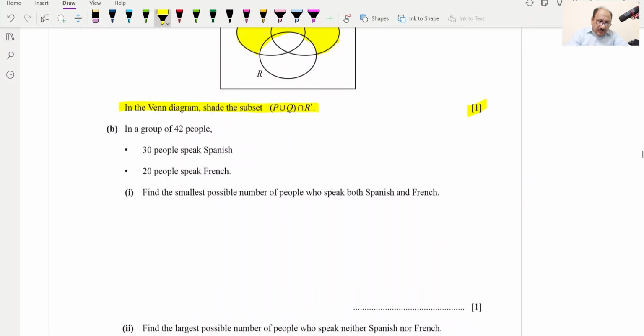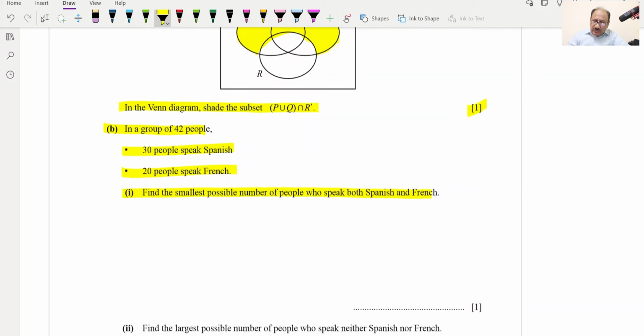Now B part says in a group of 42 people, 30 people speak Spanish, 20 people speak French. Find the smallest possible number of people who speak both Spanish and French.